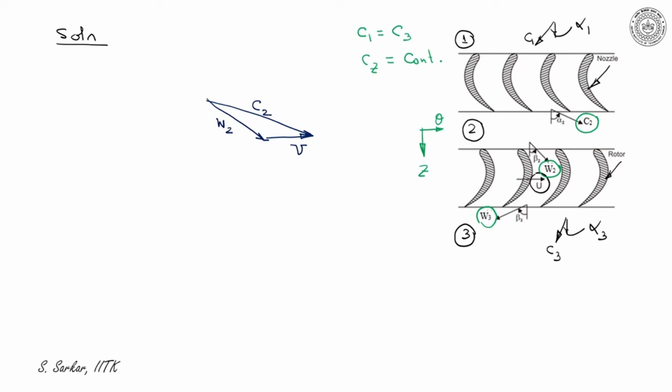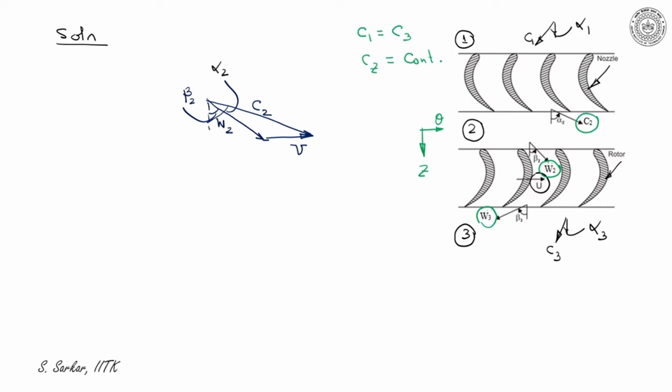And W2 makes an angle beta 2 with respect to Z axis, while C2 makes an angle alpha 2 with the Z axis. So this is the inlet velocity to the rotor.